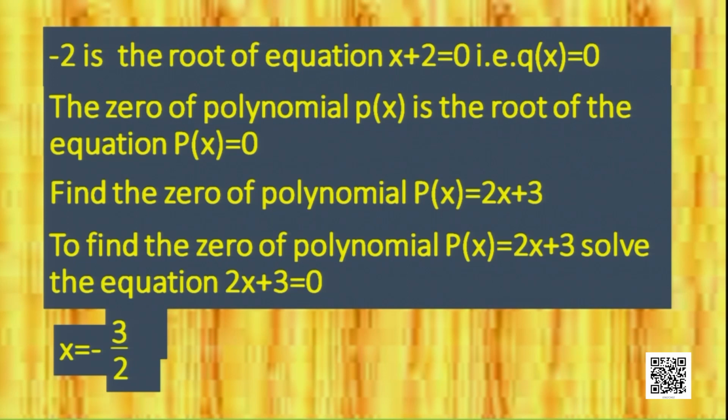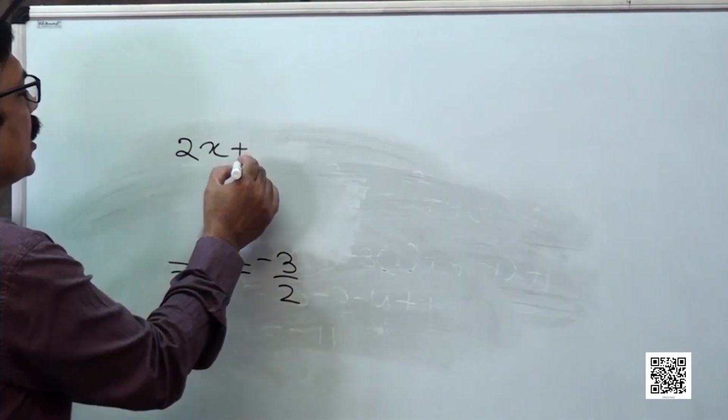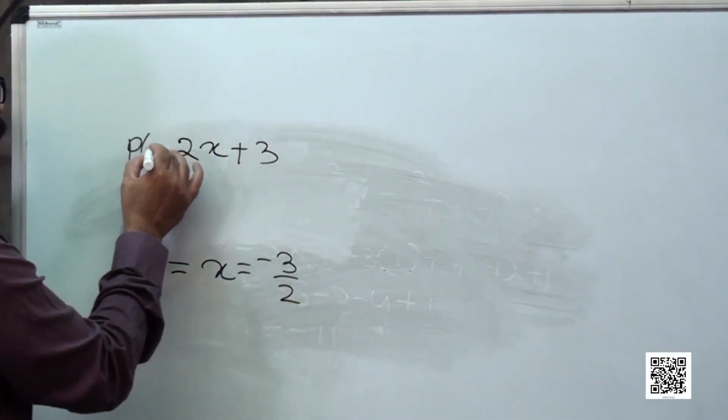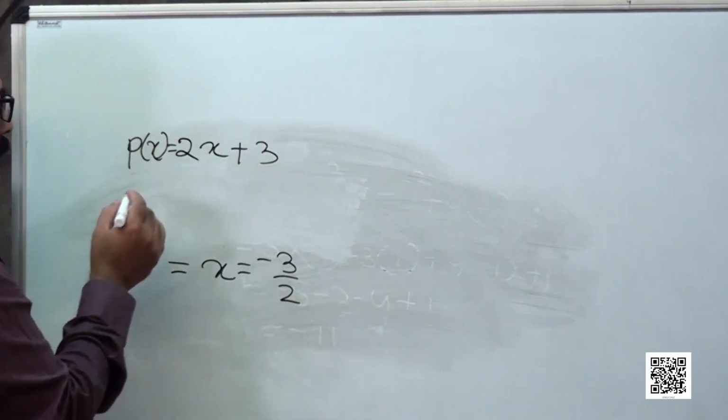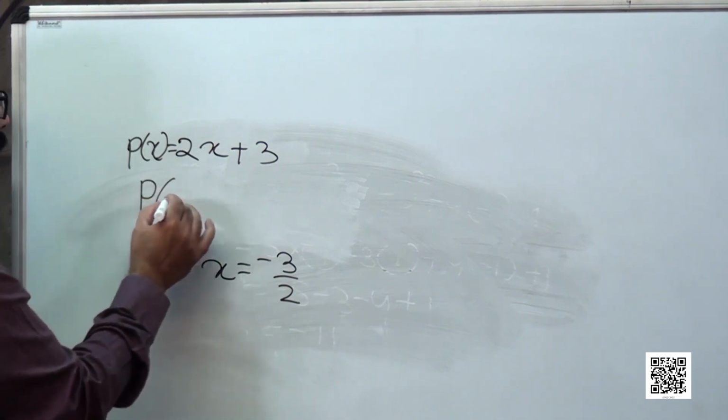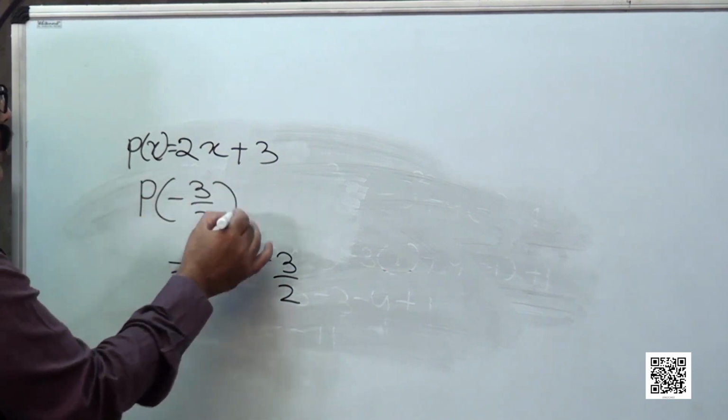Let's check or verify whether x equal to minus 3 by 2 is the 0 of 2x plus 3 or not. As 2x plus 3 is our polynomial, find the value at minus 3 by 2.